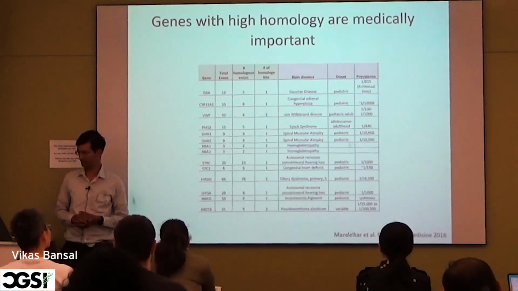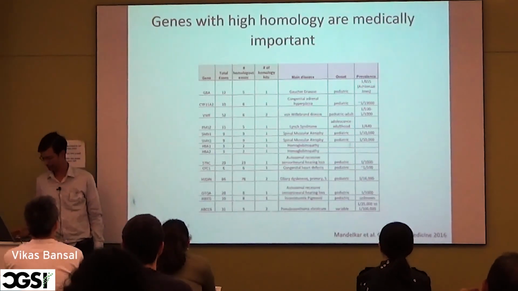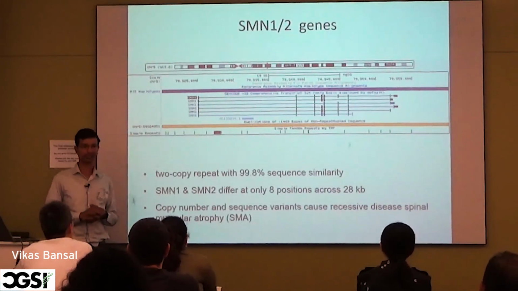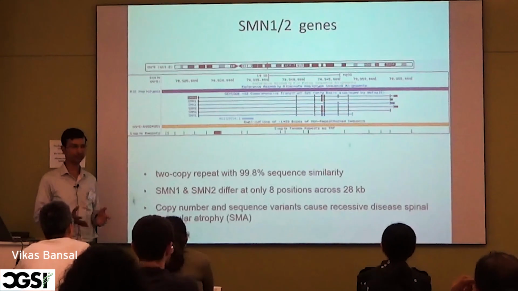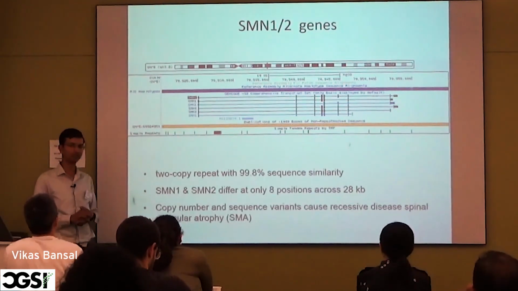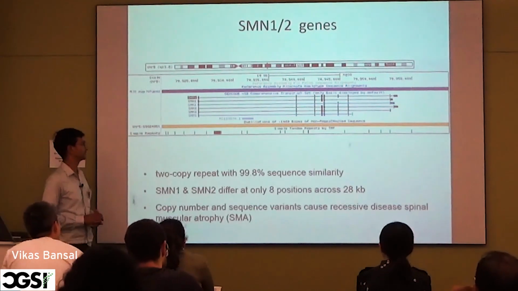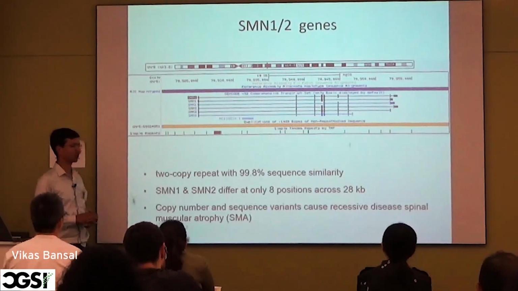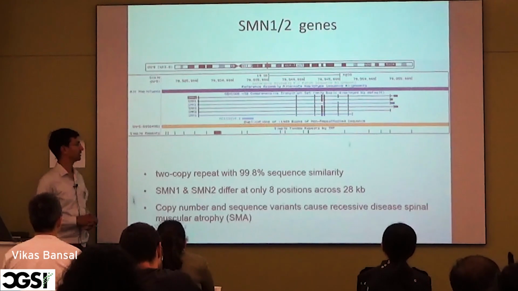adult onset diseases. A very well-studied example of a duplicated gene, or a gene with high sequence homology in the human genome, is SMN1, or survival motor neuron gene, located on chromosome 5.